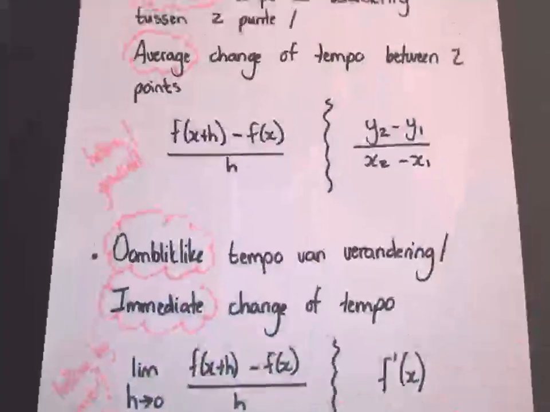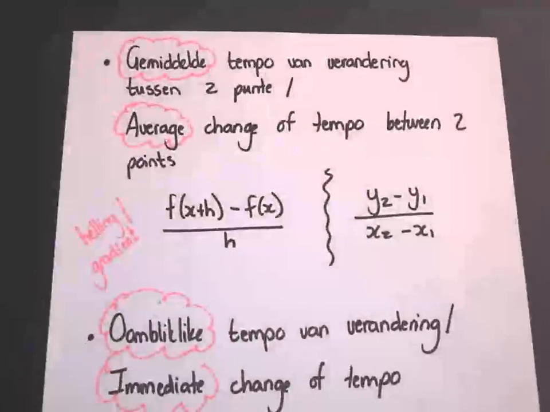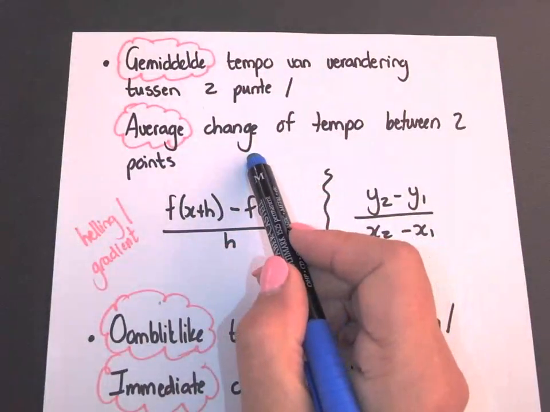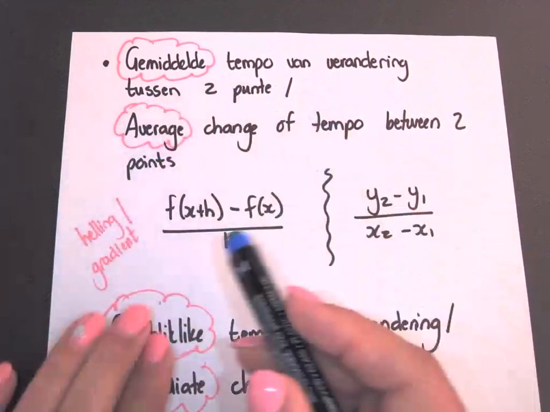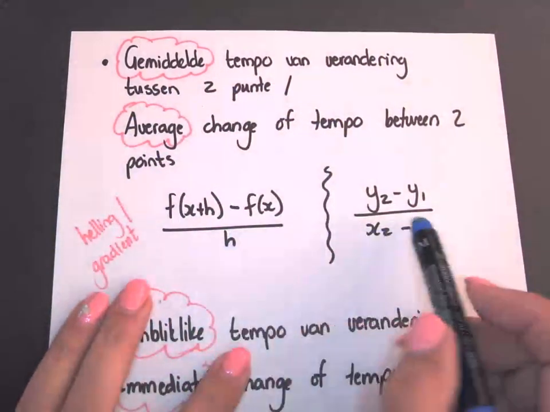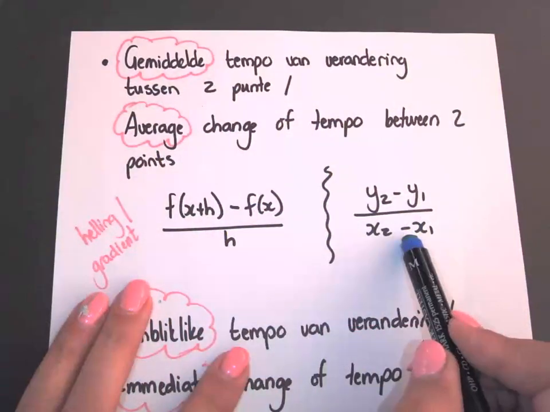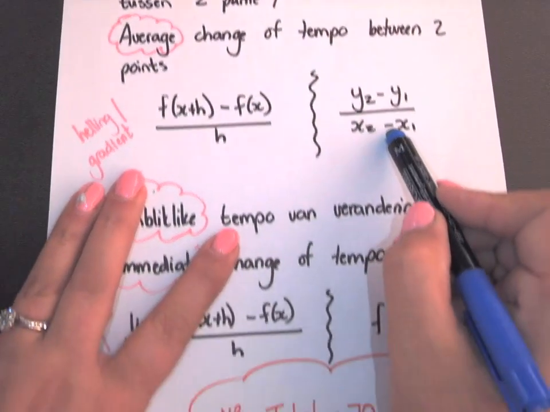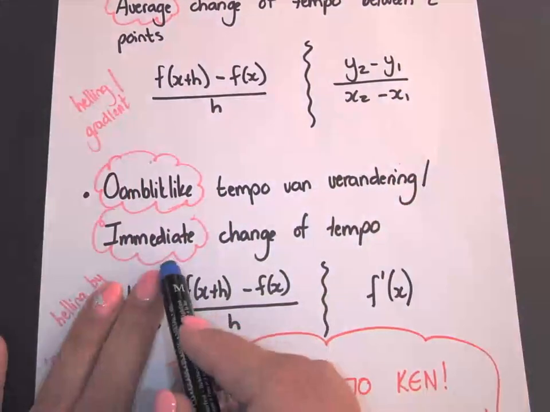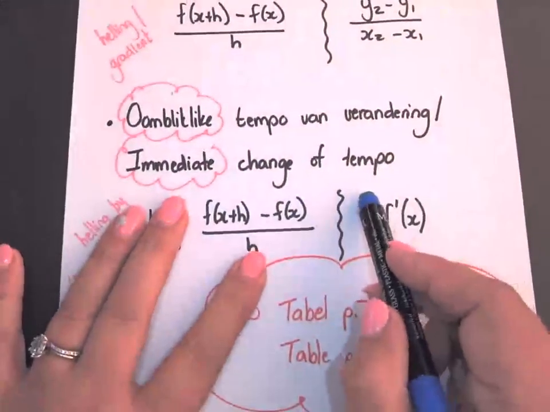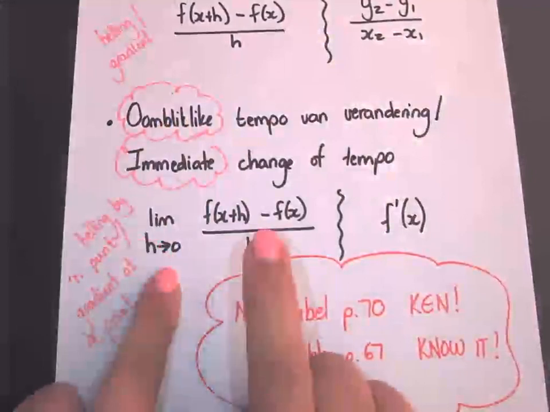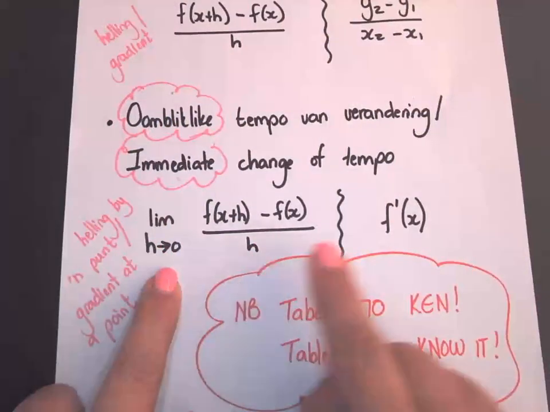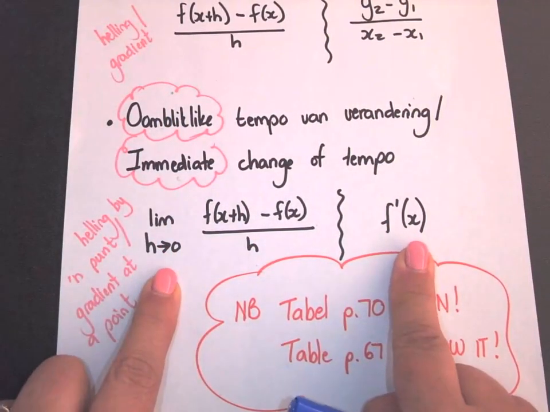The other thing that they can ask you is to determine the average rate of change. When you see average, you must immediately know it's the normal gradient. You can either work it out with this or with this. But when they ask you the instantaneous rate of change, this word, instantaneous, you know it's the limit, the first principles, or you use the first derivative.